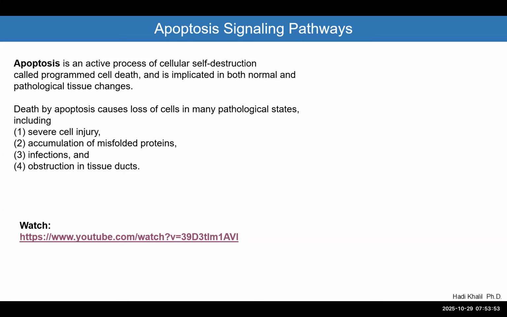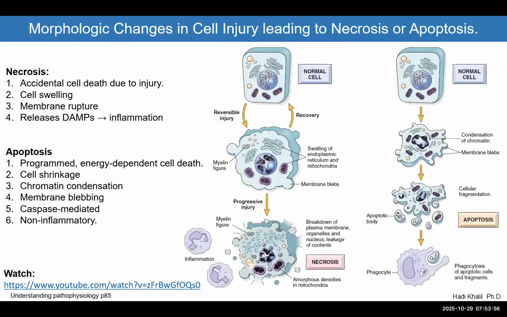This is totally opposite to what we see in necrosis. So here there is a comparison for you between necrosis versus apoptosis. It's very brief. If you want more reading, please go to the book at page 85 and read the text.